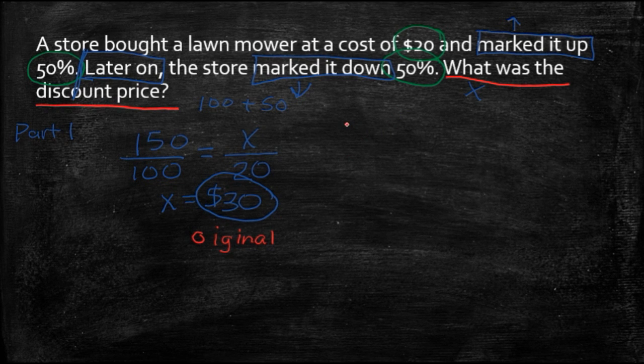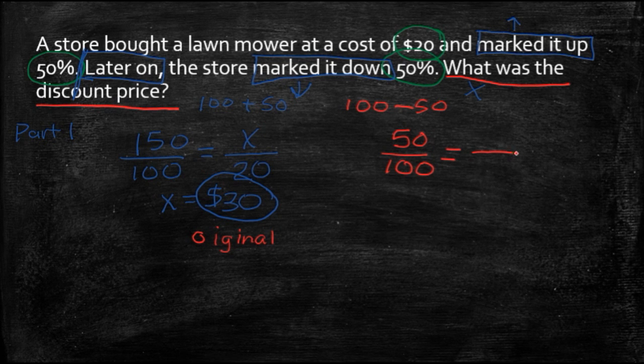Okay, so let's move on to part 2 then. So now we know that it got marked down. So now we have to take 100 minus 50, which is 50. So that goes in our percent. The 100 goes on the bottom left, just like it always does.